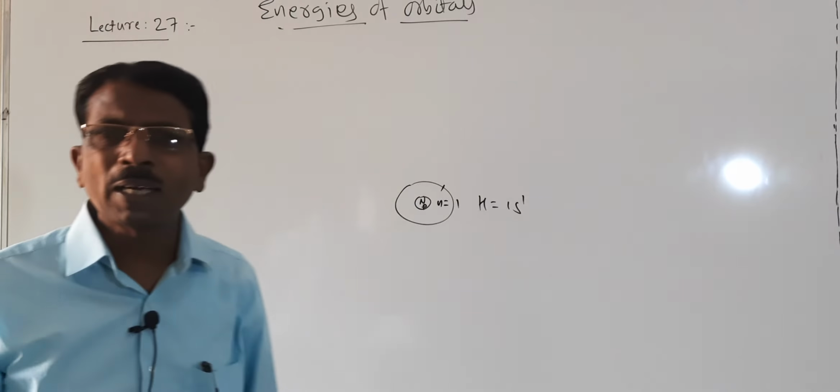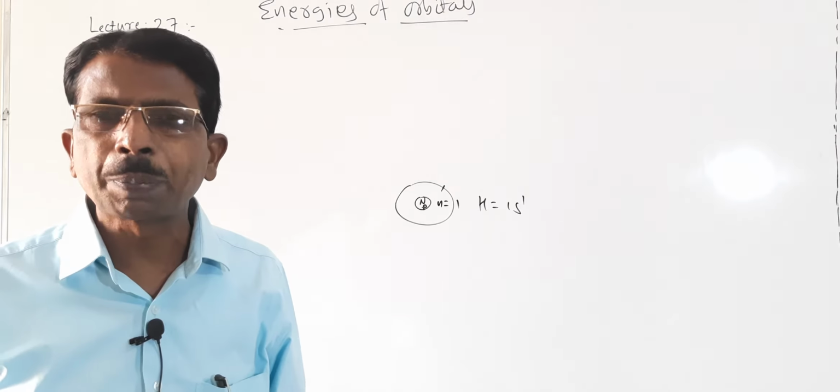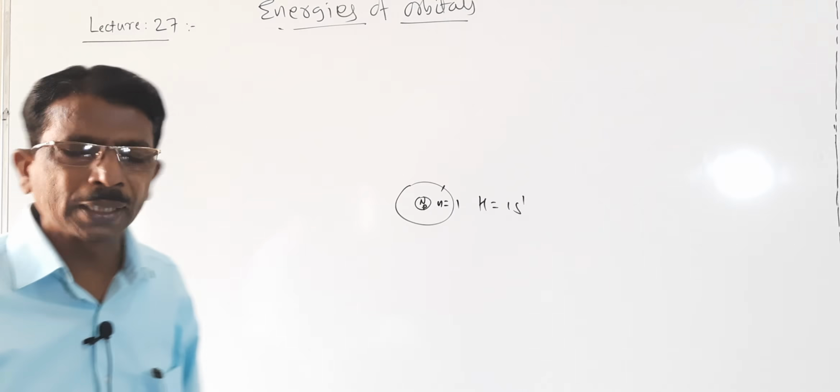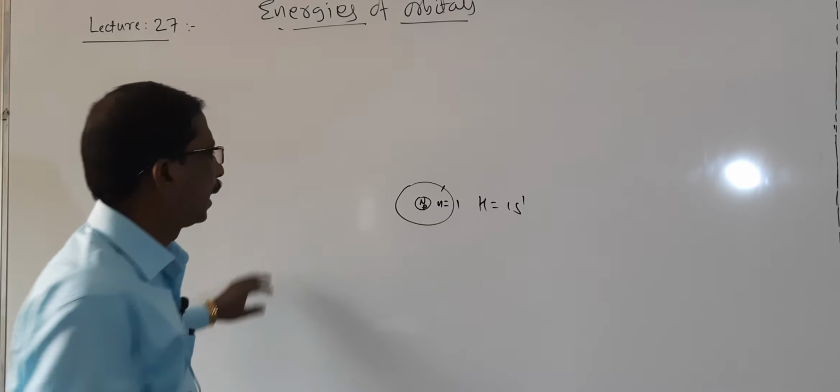Therefore, the energy of the electron in the hydrogen atom can be represented diagrammatically like this.